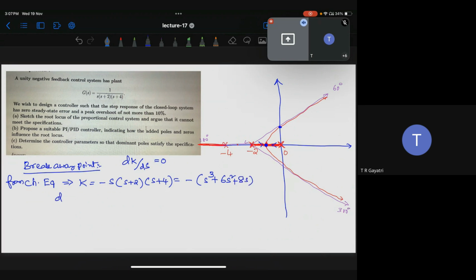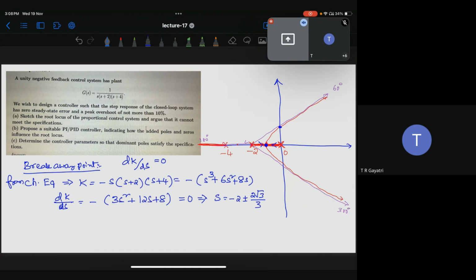Now if you take dk by ds, you will get minus of 3s square plus 12s plus 8. Take this equal to 0, and if you solve for the roots, you will get s equal to minus 2 plus or minus 2 root 3 divided by 3.